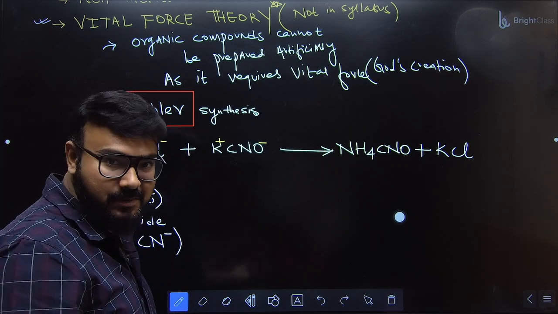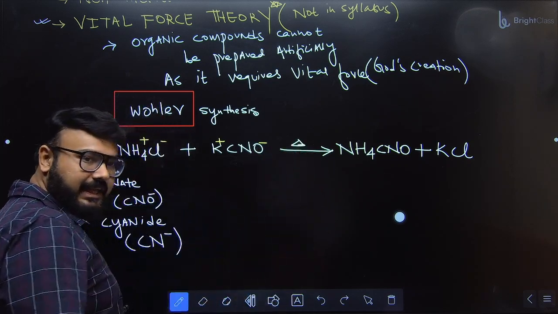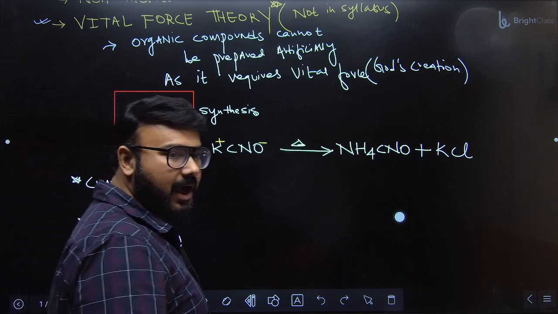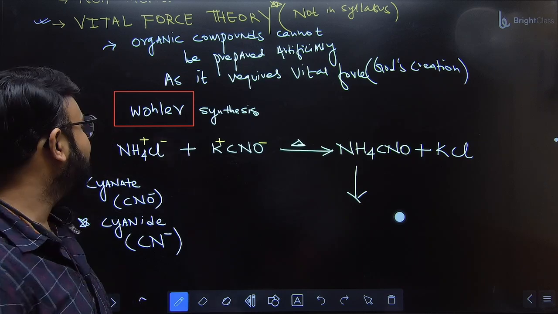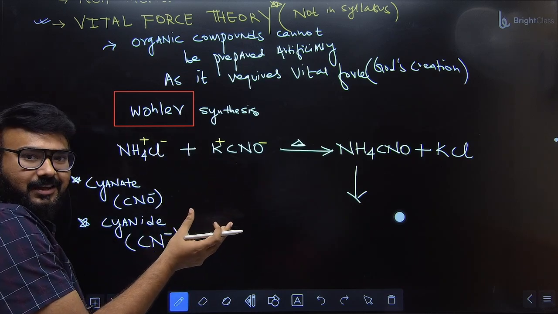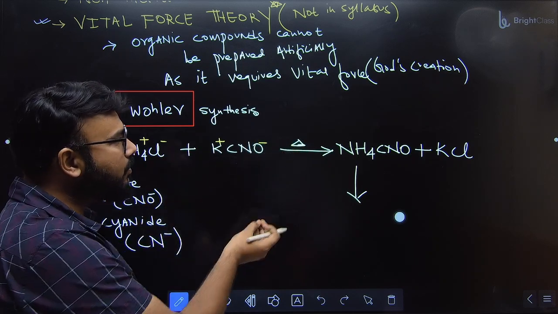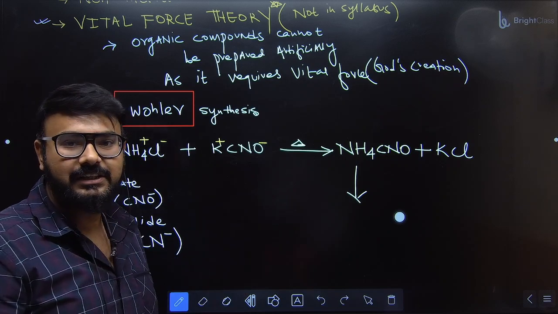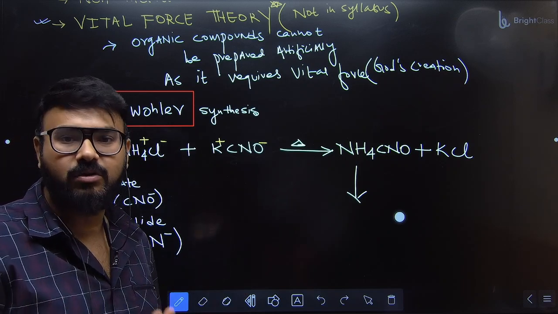Now I'll tell you how the mistake happened. This reaction was heated, but unfortunately or fortunately, Wöhler was doing this in the lab. What happened was he was actually supposed to do this, but he forgot to turn off the heat. So prolonged heating happened. He heated a bit more.